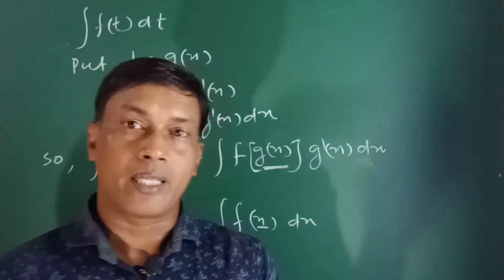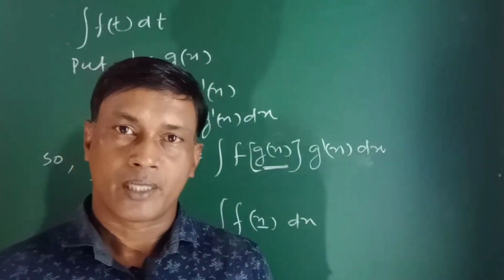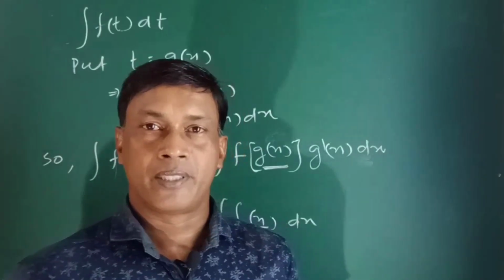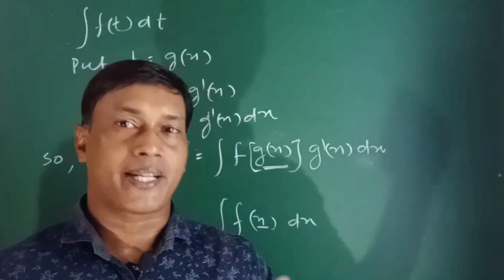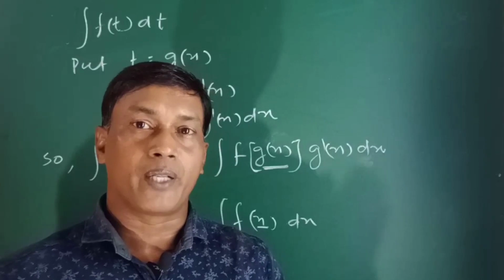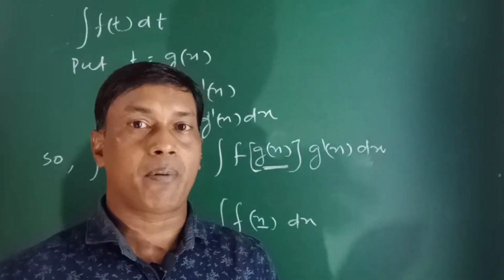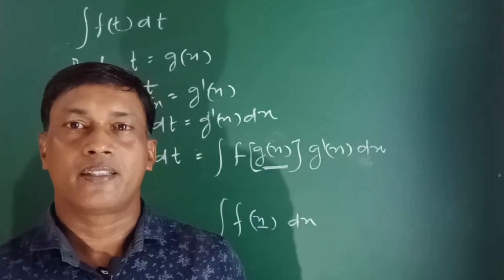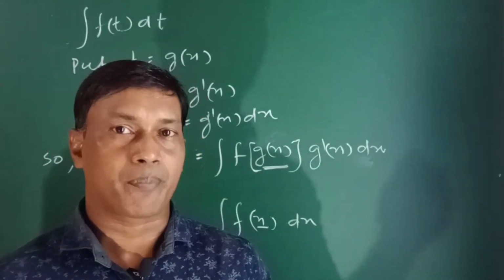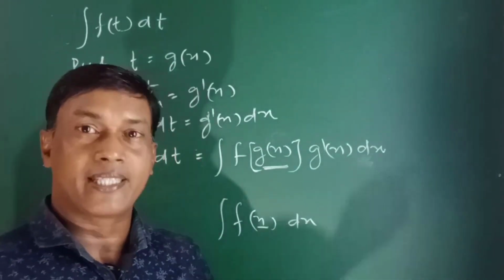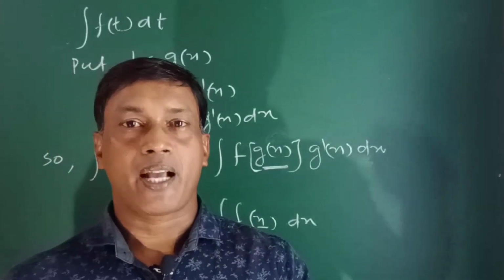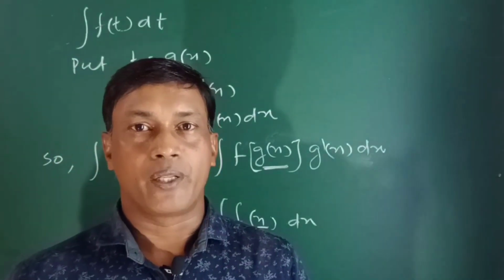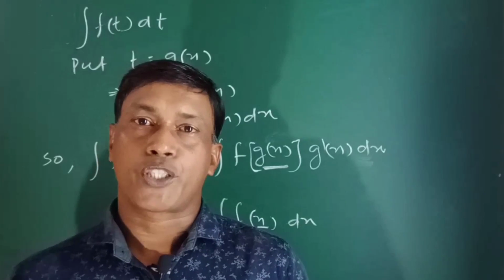Recall that in derivatives, if x is replaced by another function, then we differentiate with the help of the chain rule. The chain rule is applied when the variable x is replaced by another function. Similarly, in integration, if x is replaced by another function, we apply the method of substitution.